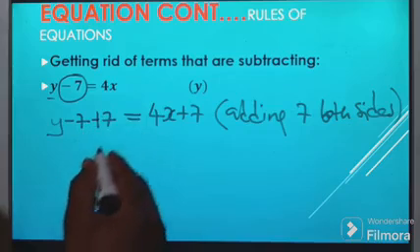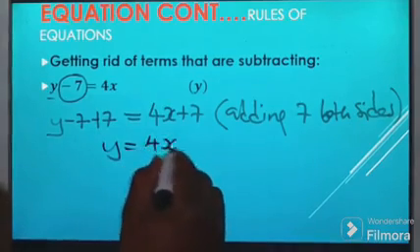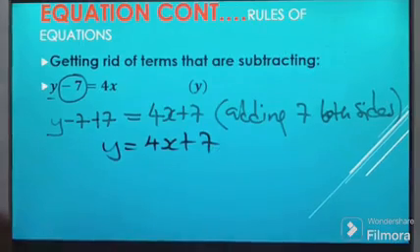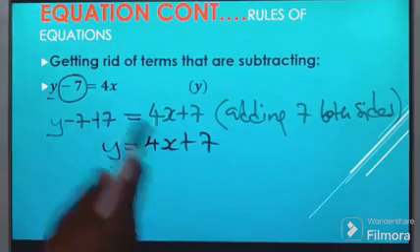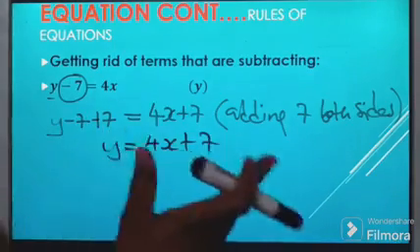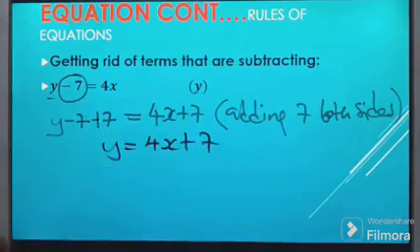Negative 7 plus 7 is 0, 0 plus y is y, so y is equal to 4x plus 7. So this equation is still the same as the earlier equation. We haven't changed anything. We have just moved the terms from one side to the other side, so that y is alone.